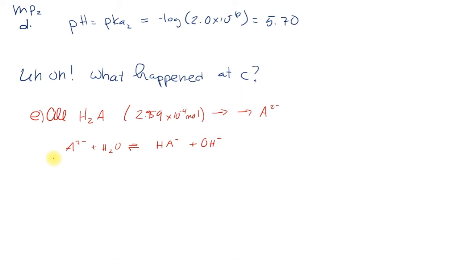And so we're going to do our ice table. All right, now we got to calculate the concentration again. So it's the same number of moles, but the volume is different. It's going to be the 100 milliliters plus the 11.56 at the equivalence point, and then I'm going to divide that by 1,000. So my total volume here is that.